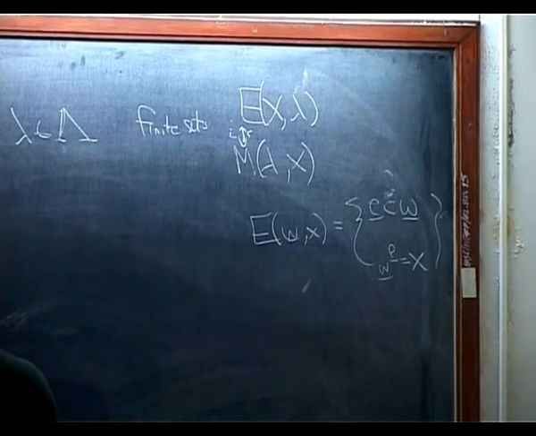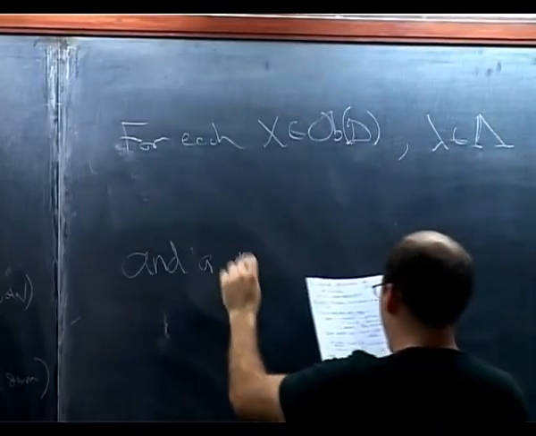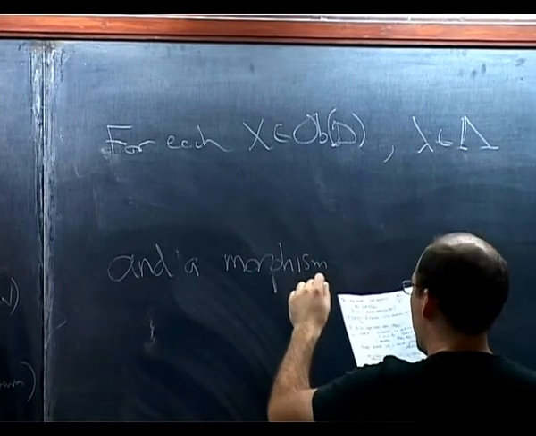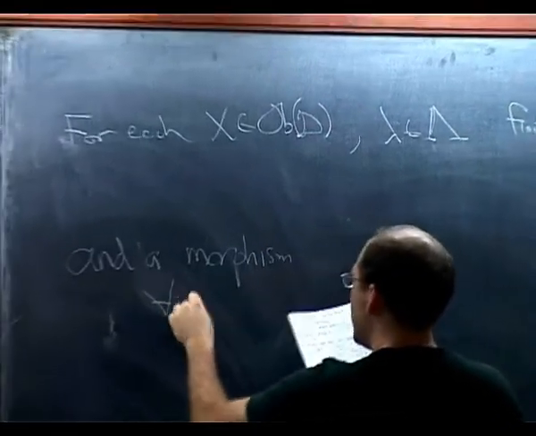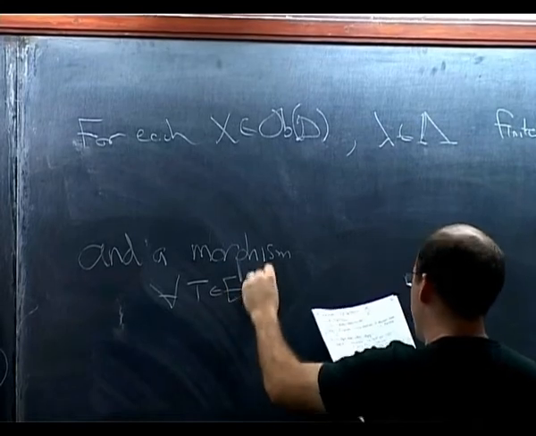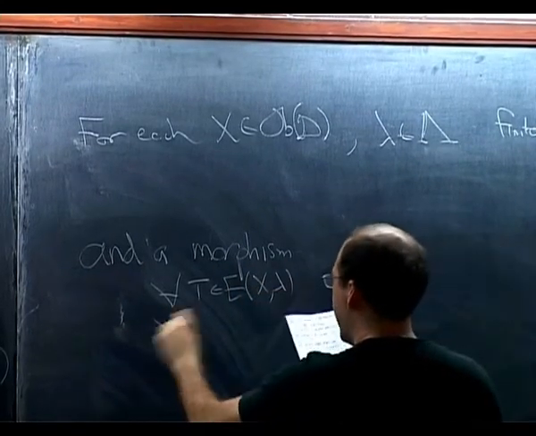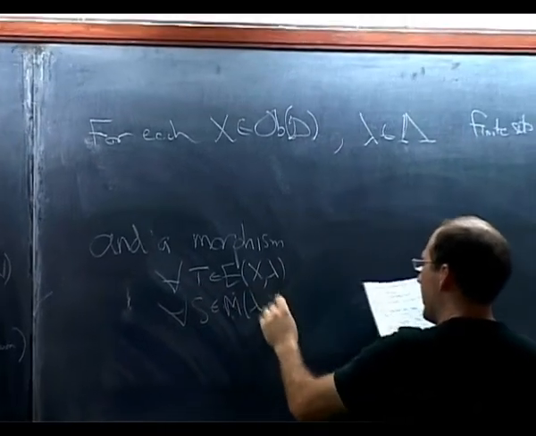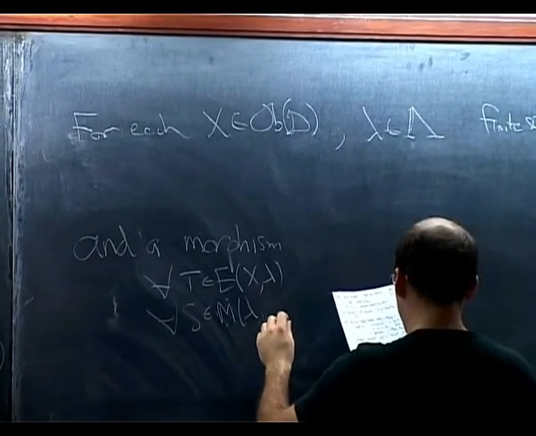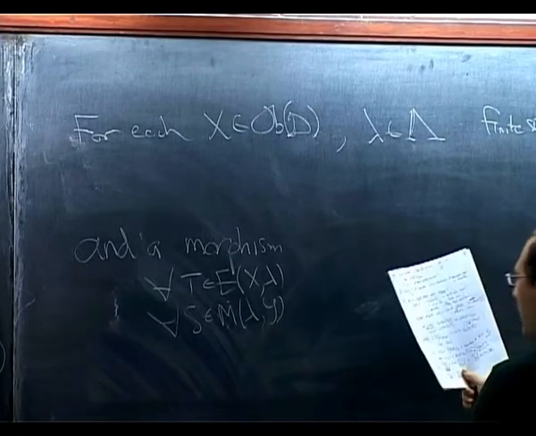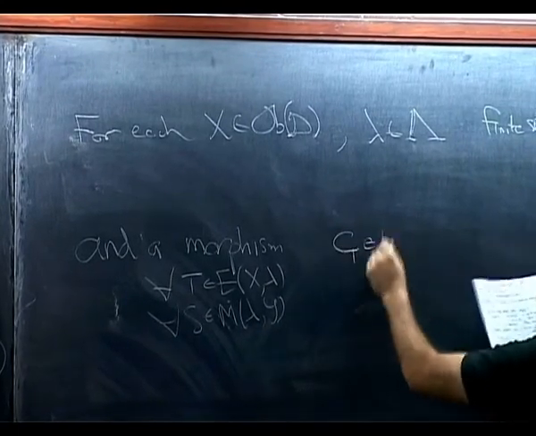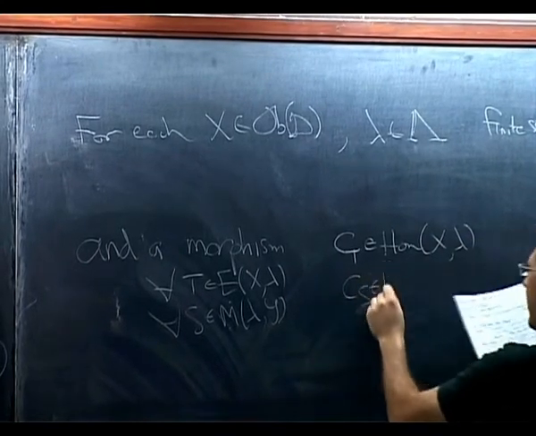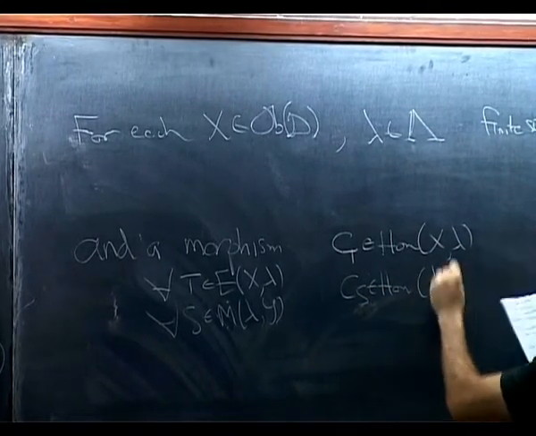Okay, so finally, we're almost done. And a morphism. So for all T in E_X^lambda and S in M_lambda^Y, say, you have C_T in Hom(X, lambda) and C_S in Hom(lambda, Y).